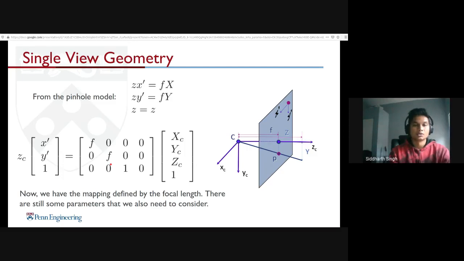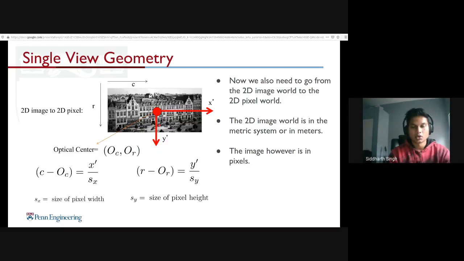Now, this is one component. Then we know that in the image plane we work in the image plane, but in the world frame we work in the world frame. So there's a difference in the units of measurement in the world and the units of measurement in the image. So we also need to take care of that.